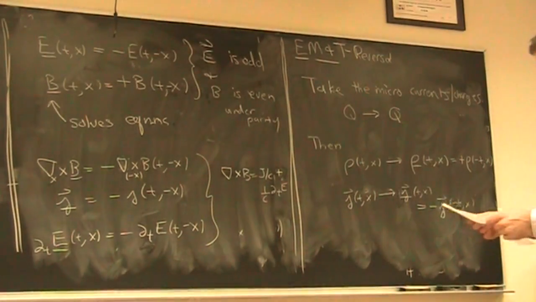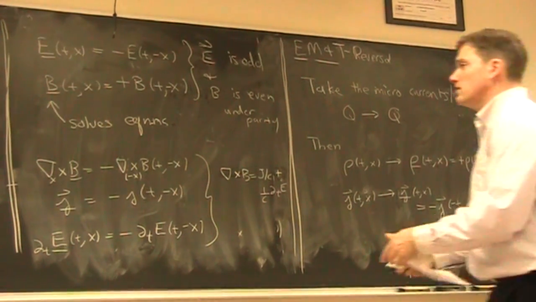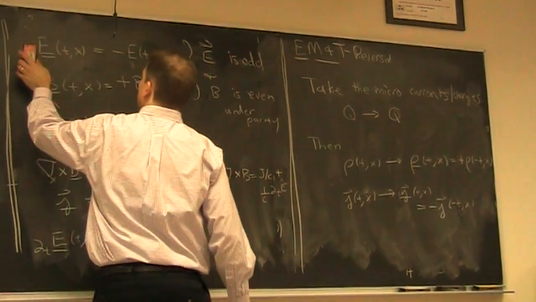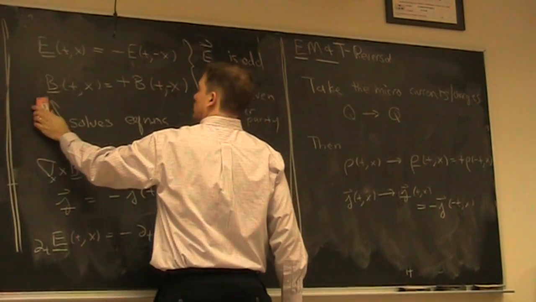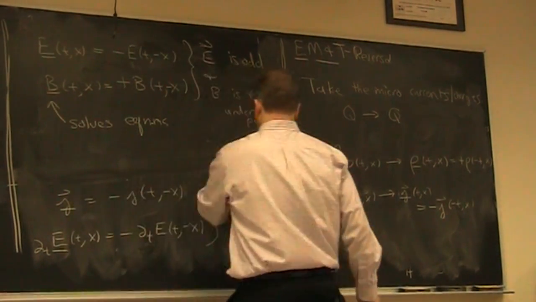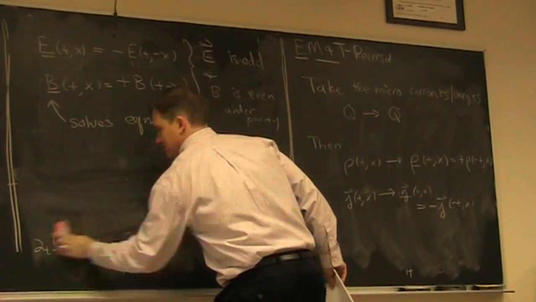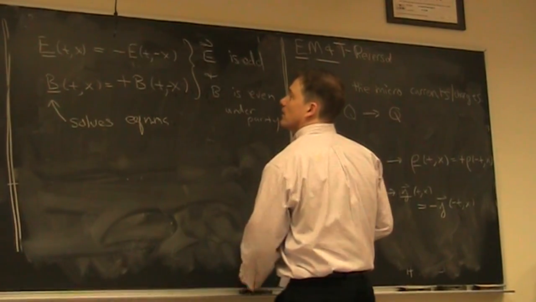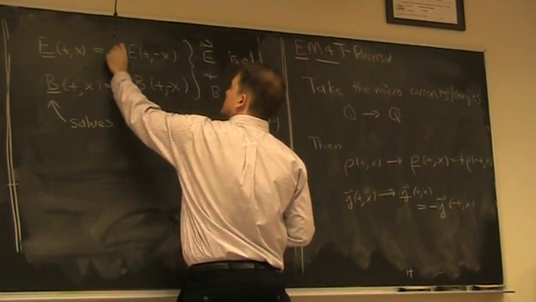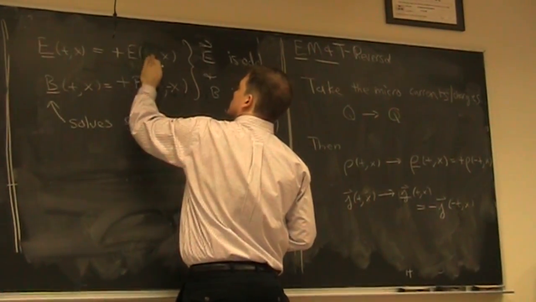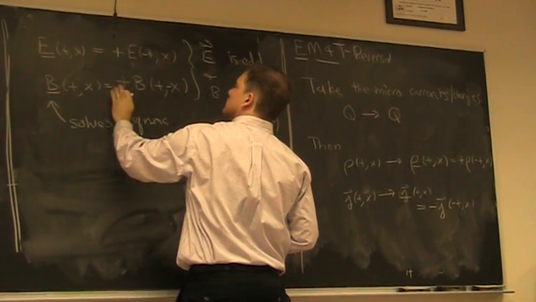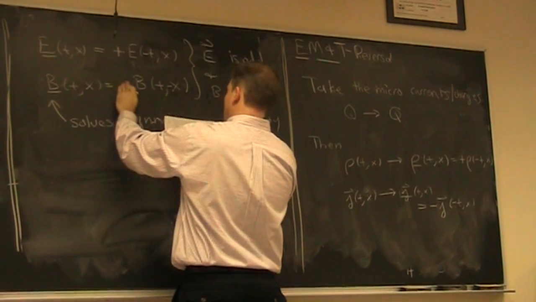And you see that now we have to switch the signs. So if E bar is plus here and minus x, and this is equal to minus.